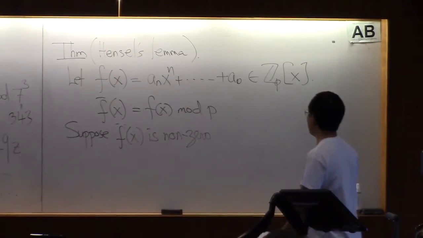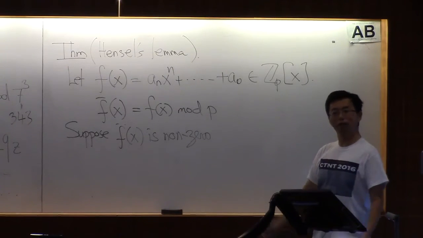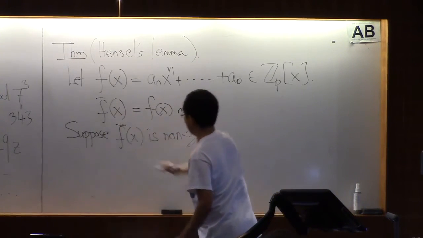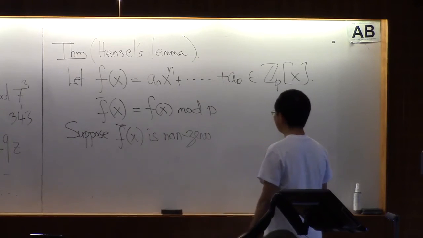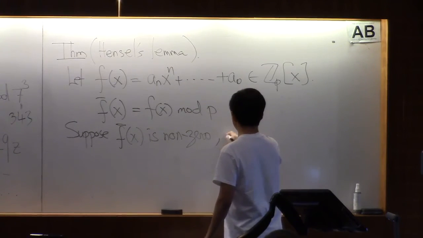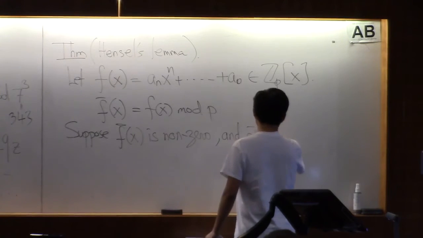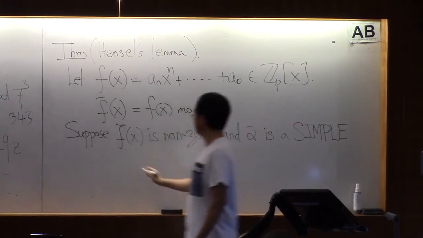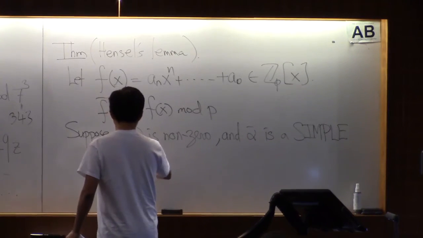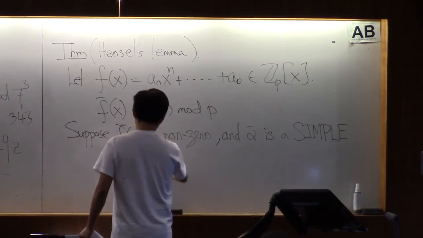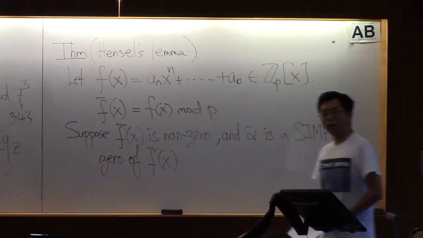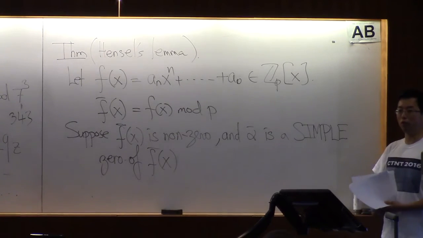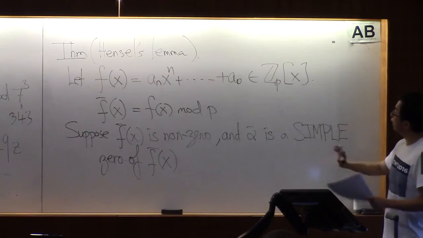Otherwise, I could divide the polynomial by p and work with the thing divided by p. So I just don't want a 0 polynomial. And suppose alpha bar is a simple zero of the reduction. Just as in our early example, 2 zeros, 3 and 4. They are both simple zeros, no repeated zeros. If there were repeated zeros, it would fail.